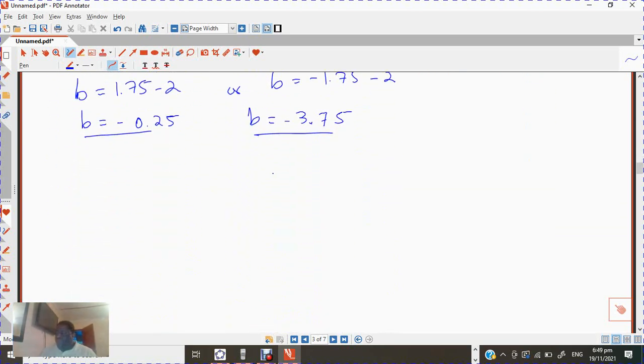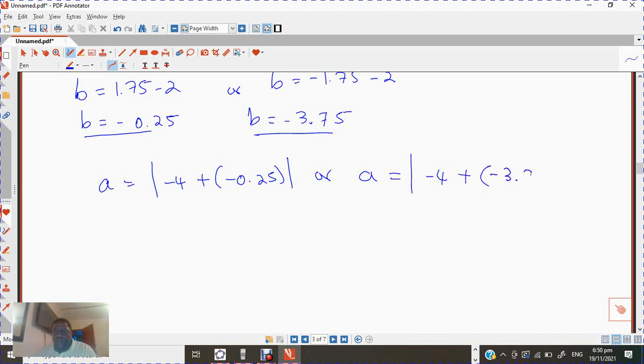My y value becomes a, and x is negative 4. Here we have a value for b, which is negative 0.25, so that would be one condition. Another corresponding value would use negative 3.75. Let's clean this up.